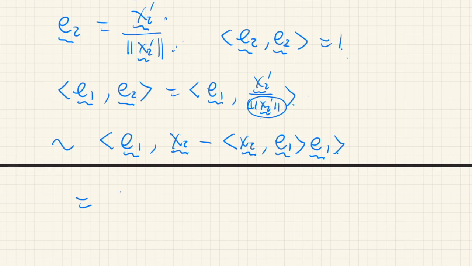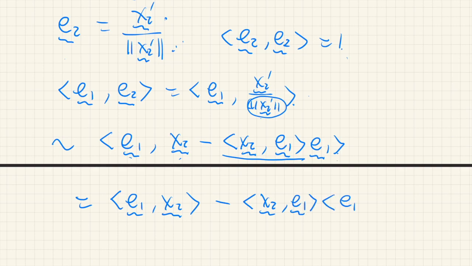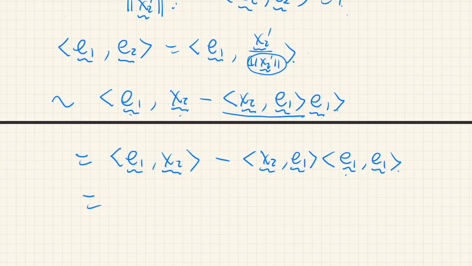We can expand this: e1 times x2, minus the constant, which we move outside, times e1 times e1. But e1 times e1 is 1, right? So this is equal to e1 times x2 minus x2 times e1, and the inner product is commutative. So this is equal to 0. So e1 and e2 are indeed orthogonal to each other.